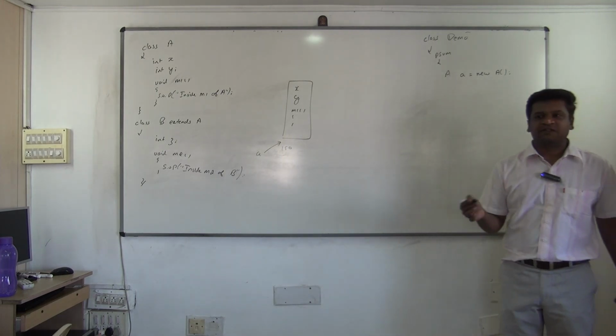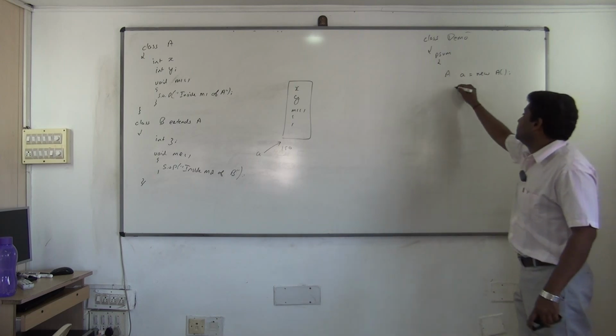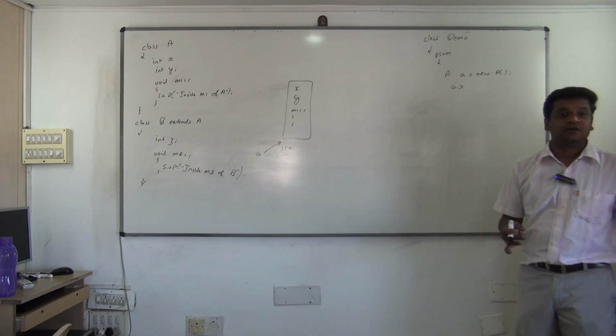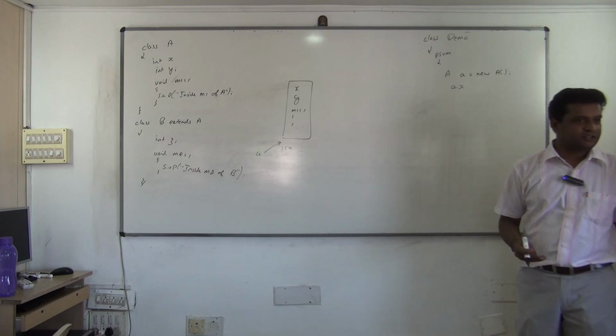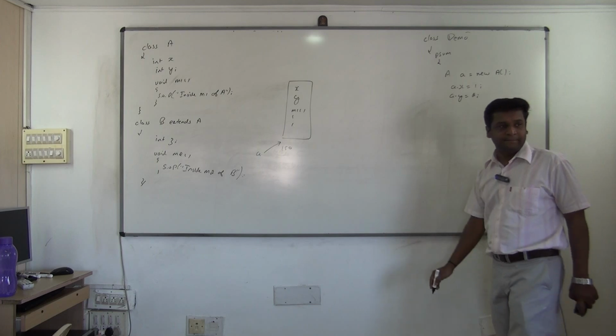So here you can see the superclass reference variable is referring to a superclass object. I could have initialized with a constructor, but do not bother, I'll initialize with the dot operator. We are not bothered about initialization; we are bothered about the concept: a superclass variable referring to a subclass object. So A dot x is equal to 1, A dot y is equal to 2. Valid.